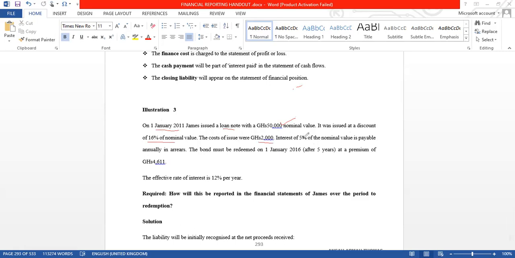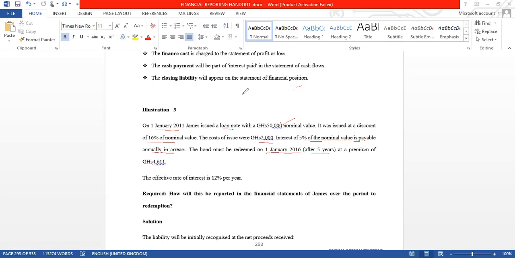The interest of 5% on the nominal value is payable annually in arrears. Then the bond must be redeemed on 1st January 2016, after 5 years, at a premium.